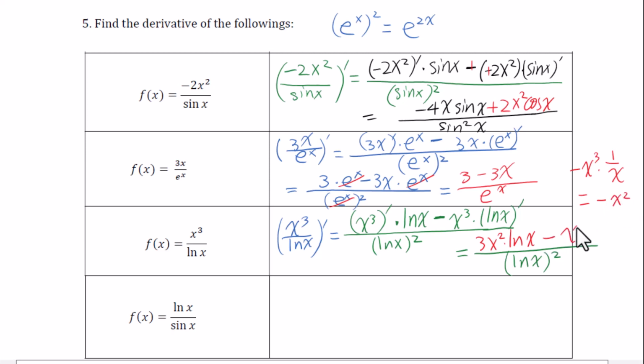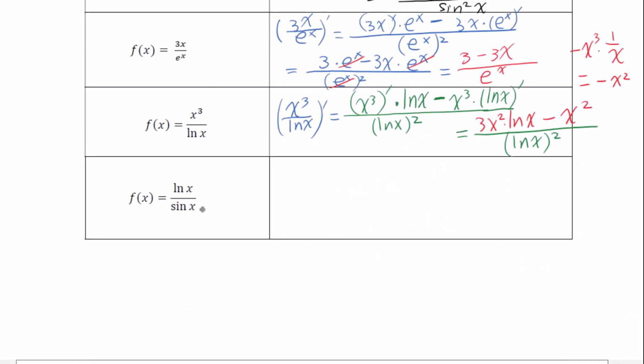So minus x squared. Before we go to the last question, let's talk about complex fractions. How do we simplify this complex fraction: 1 over x minus 1 over y, over xy? We will find the LCD first.